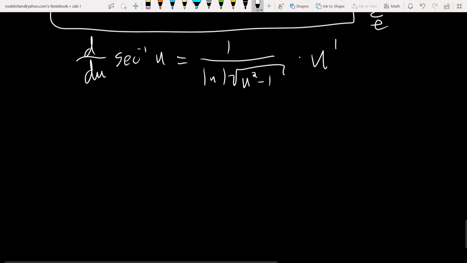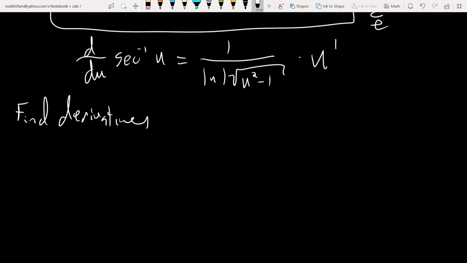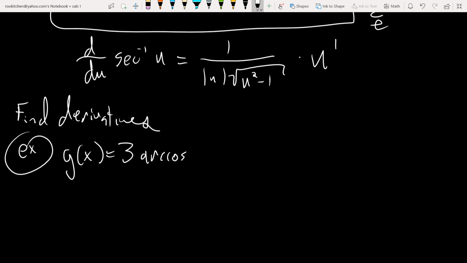Okay, let's actually find some derivatives, do some derivative work using these new formulas. So, for example, g of x equals 3 arc cosine, which is the same as cosine inverse, of x over 2.